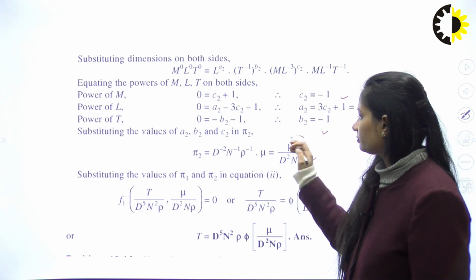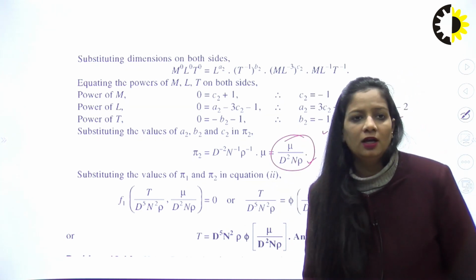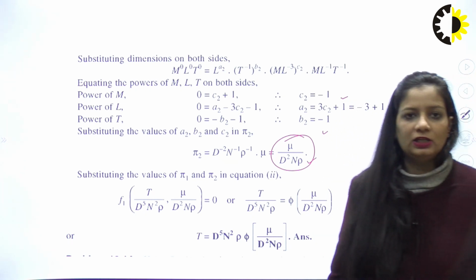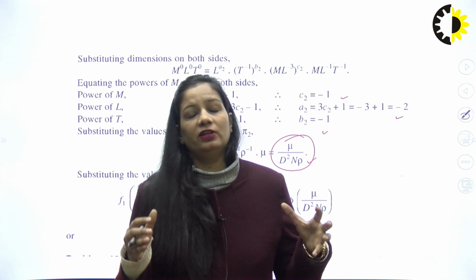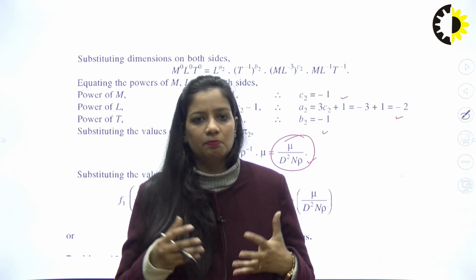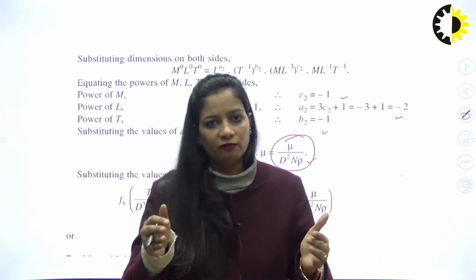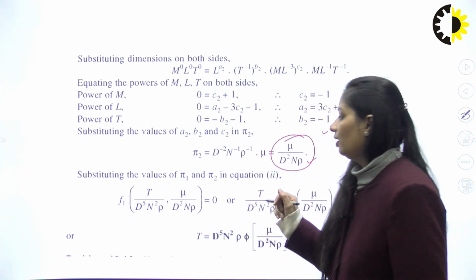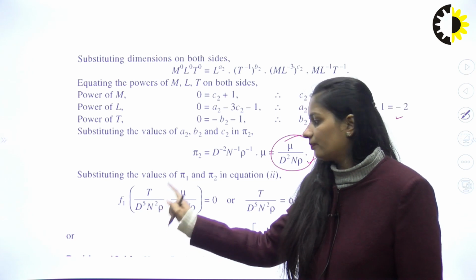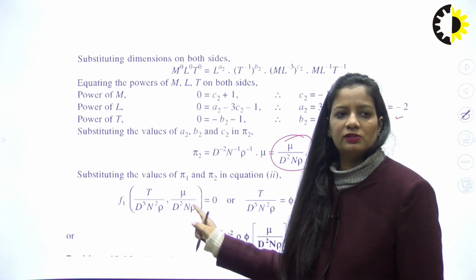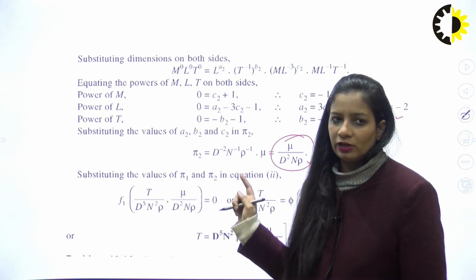So, we have derived the equation for pi 1 and pi 2. We just need to assemble this pi 1 and pi 2 in a particular function. And how now can we write it? You can see function f1 of these two, pi 1 and pi 2. We have formulated that.